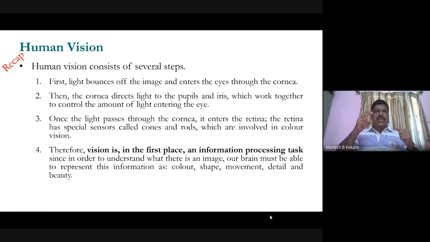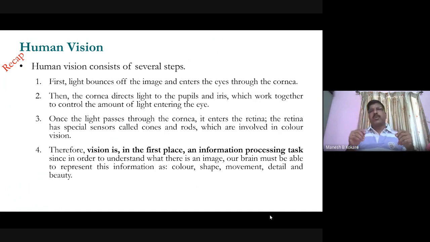Then once that light enters through the iris and pupil, it passes through your lens, and then it falls on the retina. The retina has special sensors. We have seen the one-to-one differences between the rods and cones.